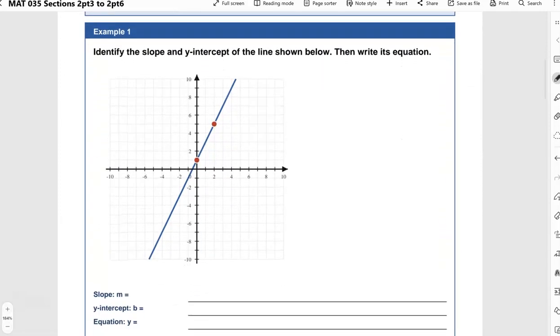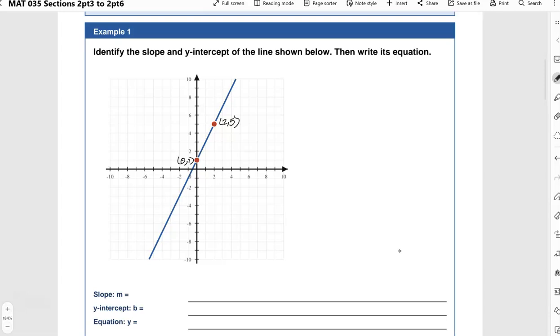Well, what if we had the graph of the function, and we want to identify the slope and the y-intercept in the equation of the line? We could do that. So from here, notice the 2 red points here. We have a point at 0, 1, and then this other point is at 2, 5.